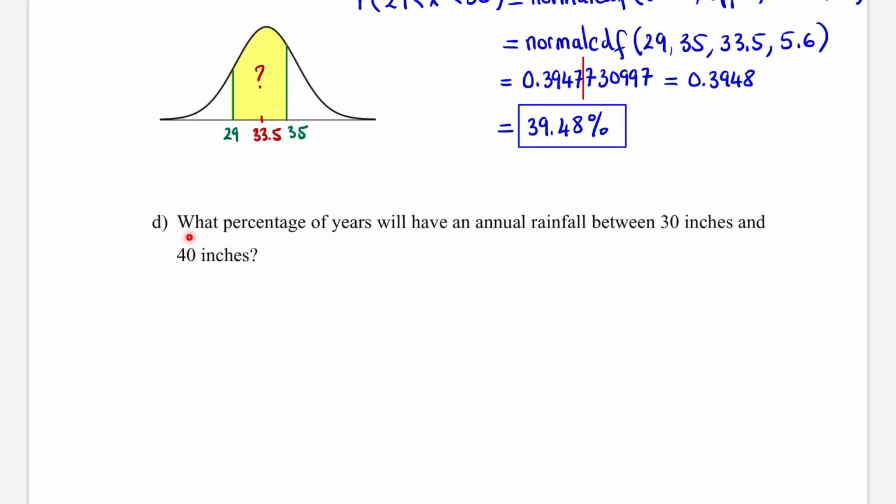Question D. What percentage of years will have an annual rainfall between 30 inches and 40 inches? Let's put that into a graph. I have a normal distribution with mean of 33.5, and I want to find a percentage of annual rainfall between 30 inches and 40 inches. 30 inches is less than 33.5, so 30 inches is a number to the left of 33.5, and 40 inches is greater than 33.5, so 40 inches is a number to the right of 33.5.